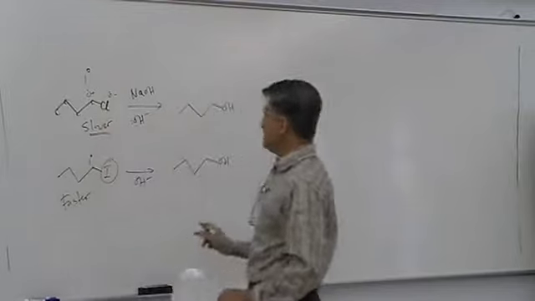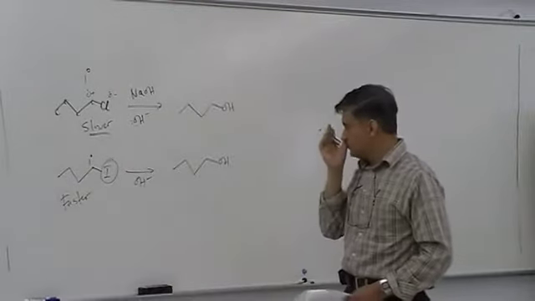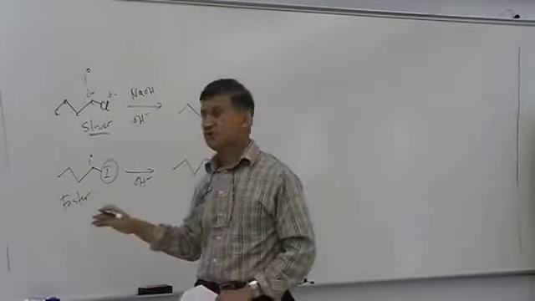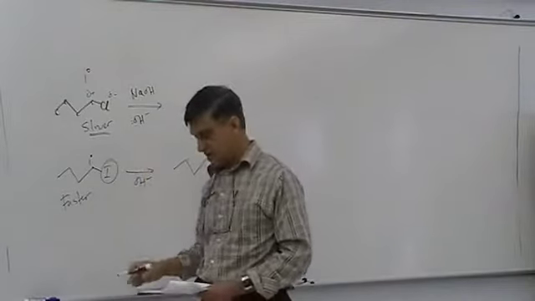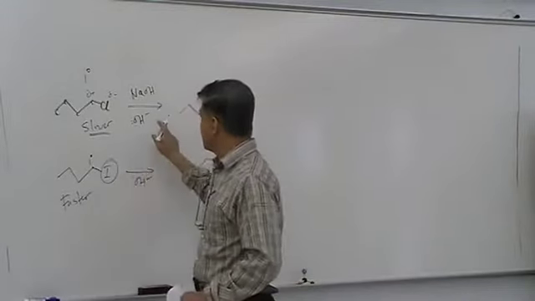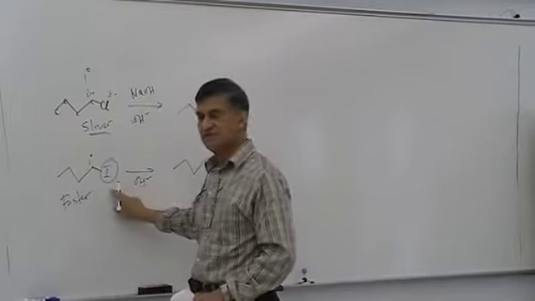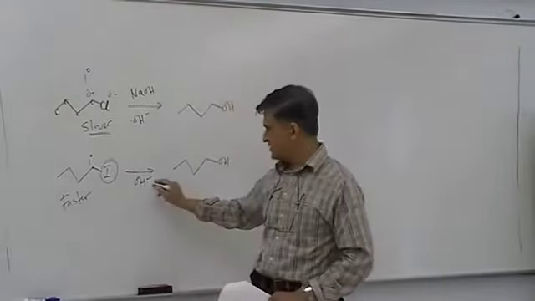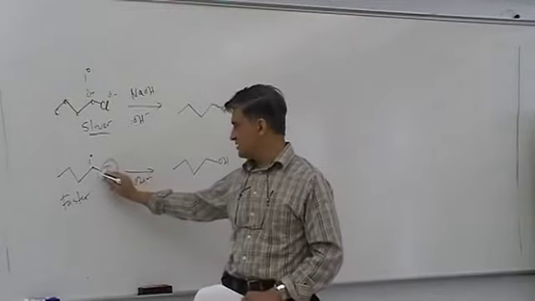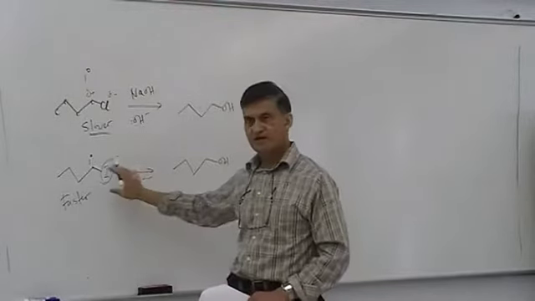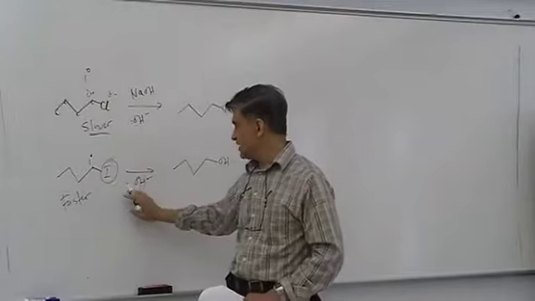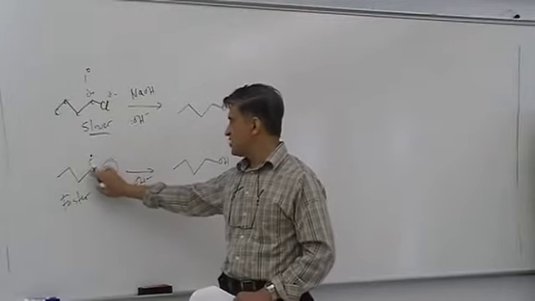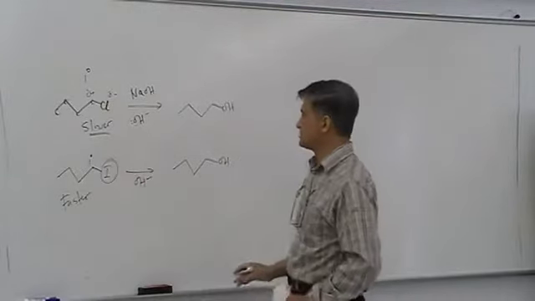So in a 1 degree halide, this substitution would be called an SN2 substitution reaction. But which one will be faster? This one will be faster, because iodine is a much better leaving group. As soon as it sees OH minus coming, it's going to leave and make room for OH minus. Otherwise, there will be too many bonds on this carbon, because that carbon must have 4 bonds.